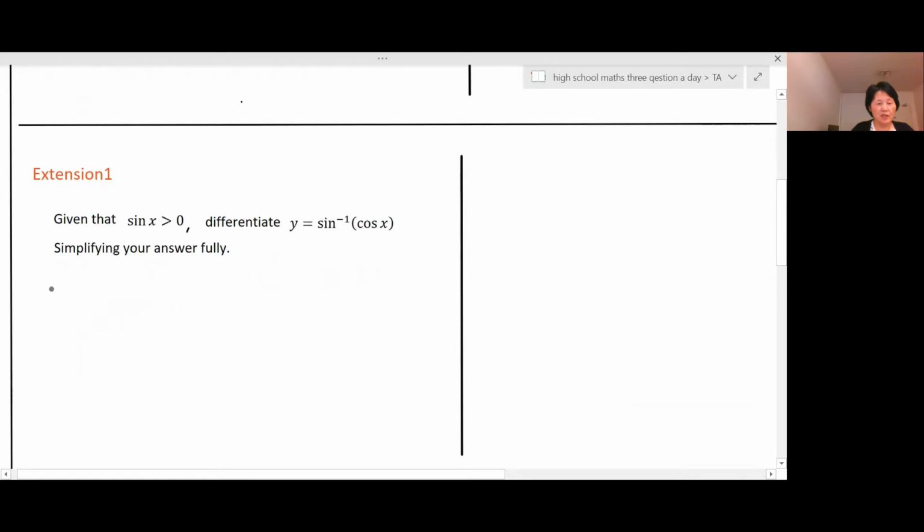Okay, so now y dash, differentiate, y dash equals 1 over root of 1 minus this part squared, then times the derivative of cosine x, which gives you minus sine x.